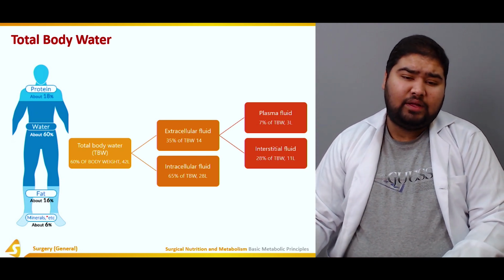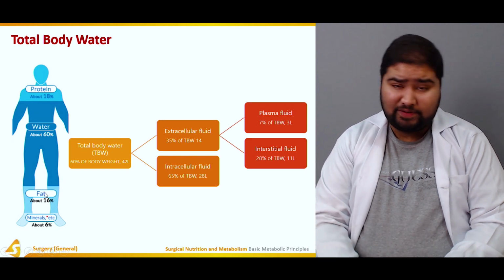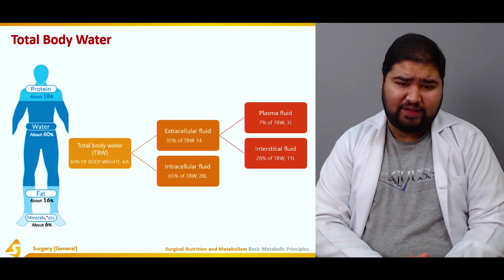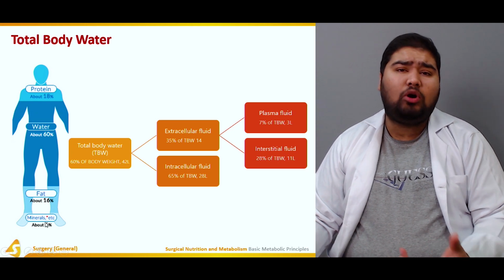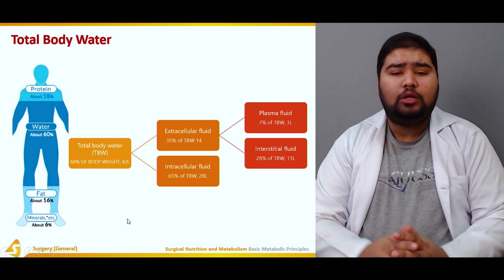Then we have 16% fat. This 16% fat is divided into 3% essential and the remaining non-essential fat. And finally, we have minerals and other components, these are about 6% in the body.